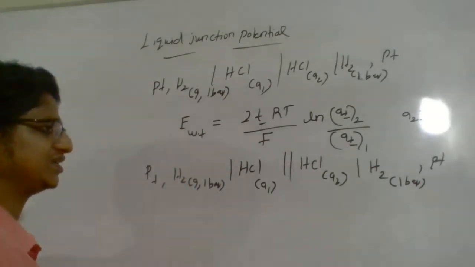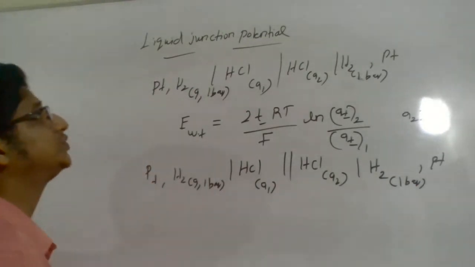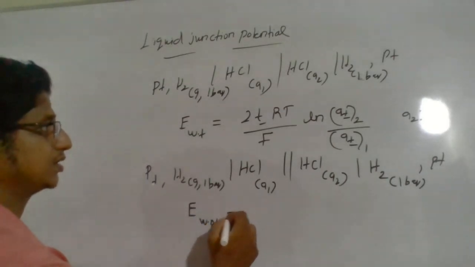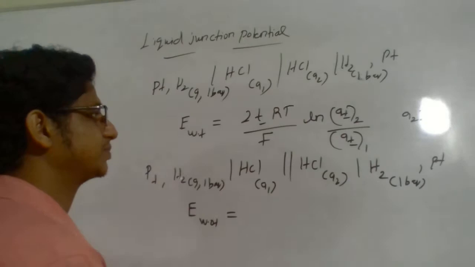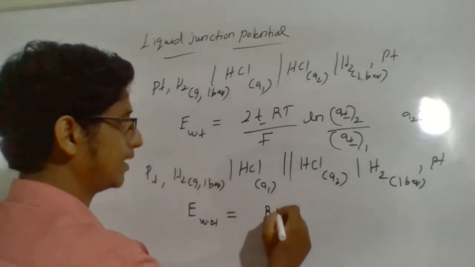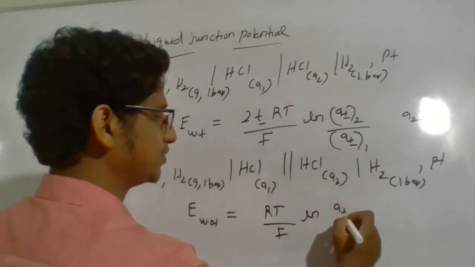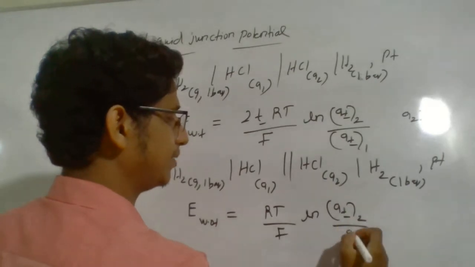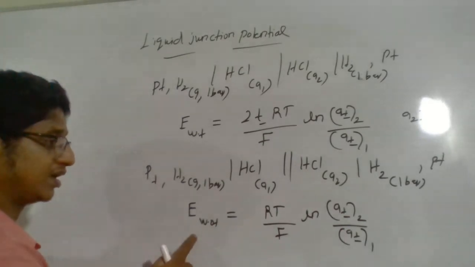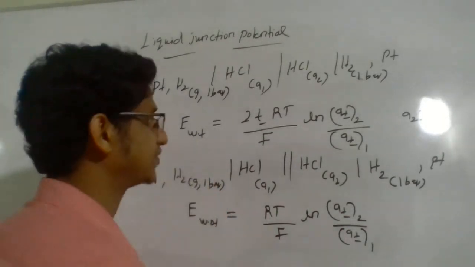This is the electrolyte concentration cell without transference. The expression for E without transference, which we already derived, is just RT by F ln a plus or minus 2 divided by a plus or minus 1. This is the electrolyte concentration cell without transference, as opposed to the one with transference.